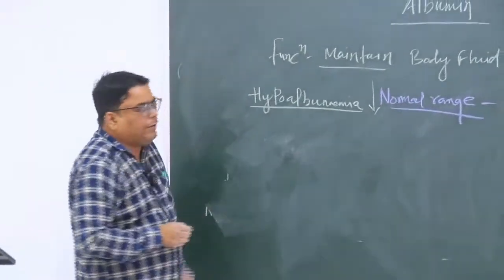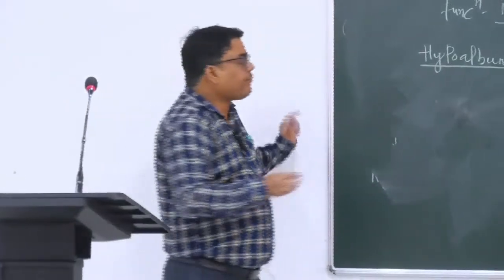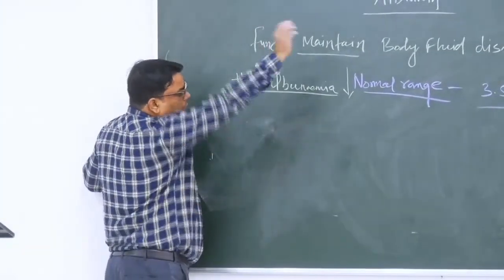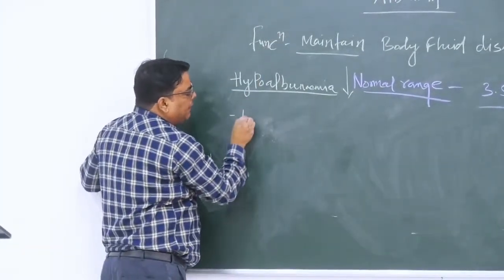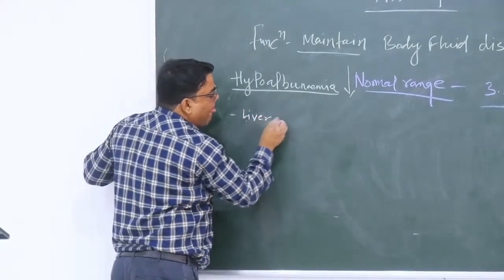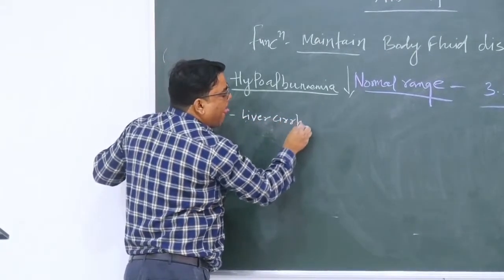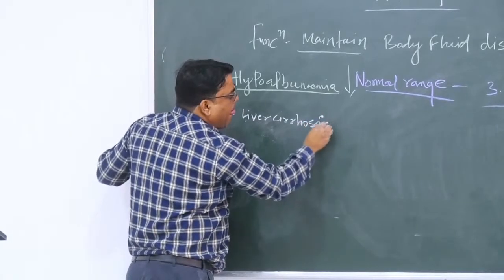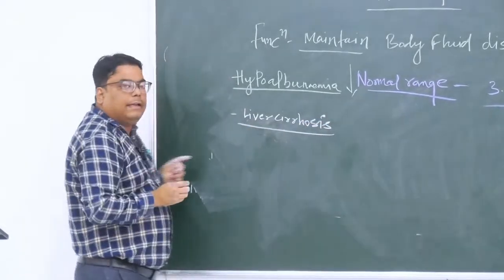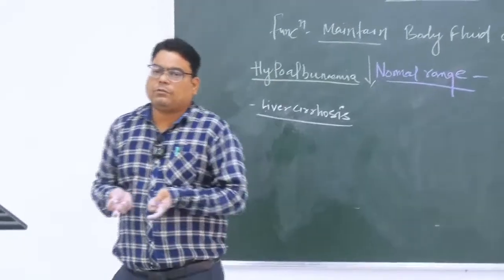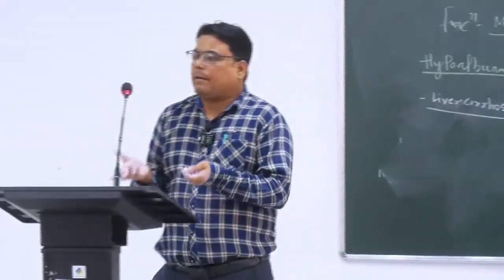But hypoalbuminemia is majorly in different conditions like liver cirrhosis. In liver cirrhosis, the liver is not able to synthesize proper albumin, okay?